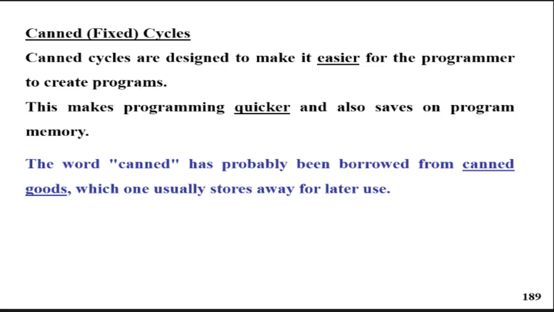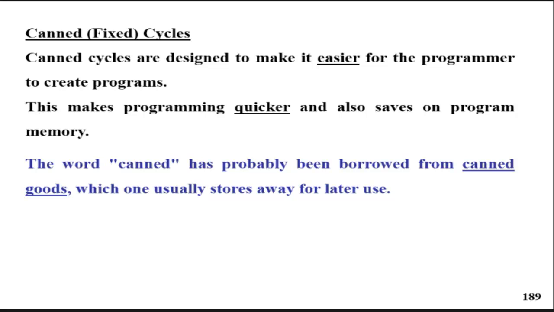Why the name canned? Canned comes from canned goods, canned products. So when we talk about canned, it means we package a certain amount of goods or food or juice or drink in a can and store it for later use.